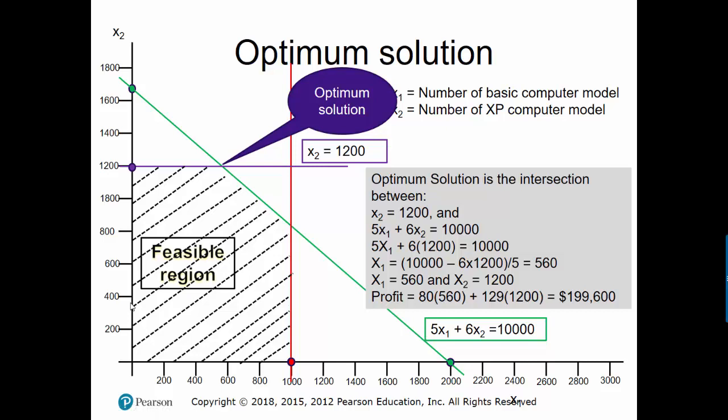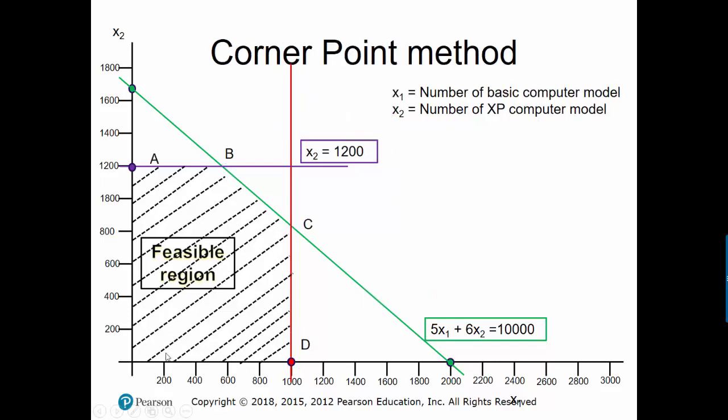The advantage of the ISO profit line is that you zero in on the optimum solution and you have only one intersecting point whose coordinates we have to determine. But if you take the corner point approach, you don't have to draw the ISO profit line, but you have to find the coordinates of all the corner points.